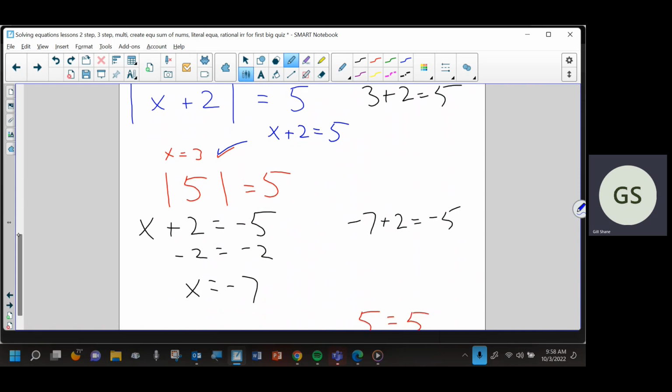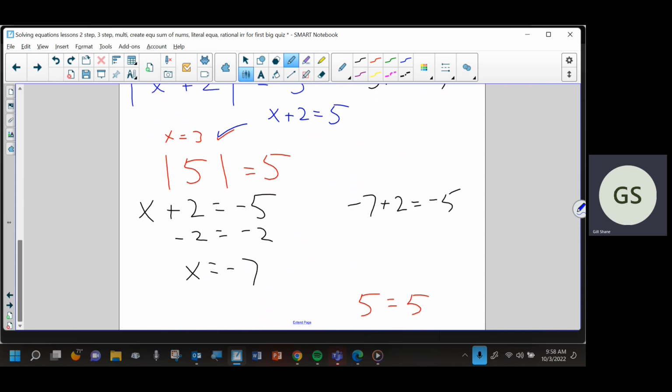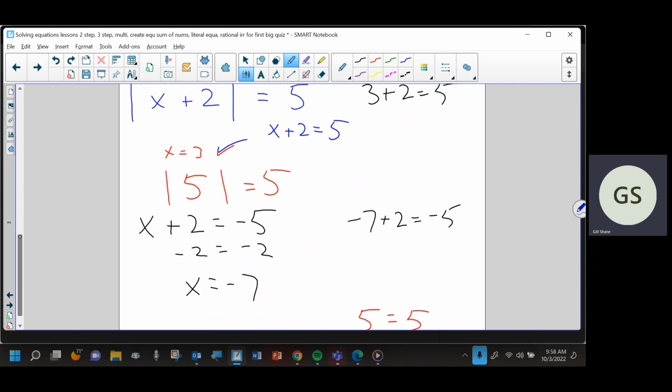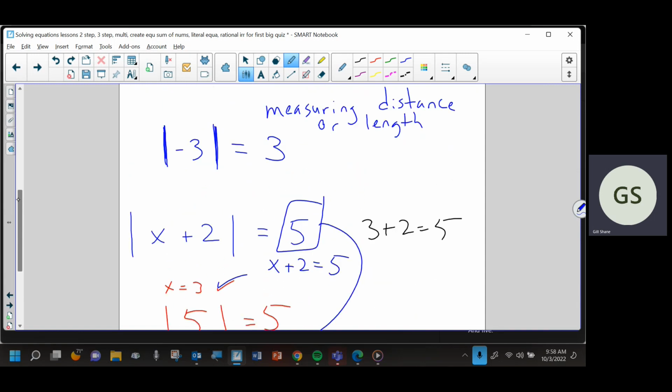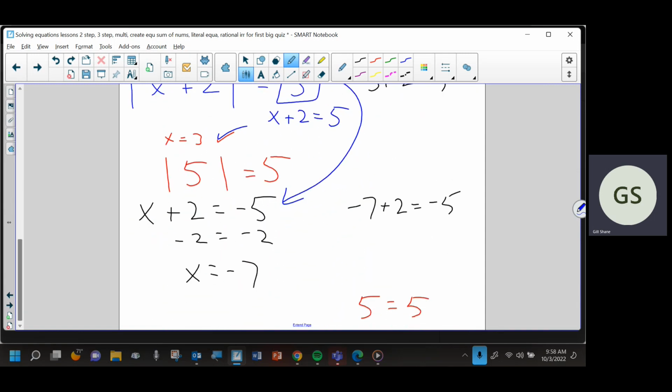But then I have to solve a second equation, and I change the value of the answer. So this answer right here, I need to change that to negative 5. If I solve that out, I come up with negative 7.